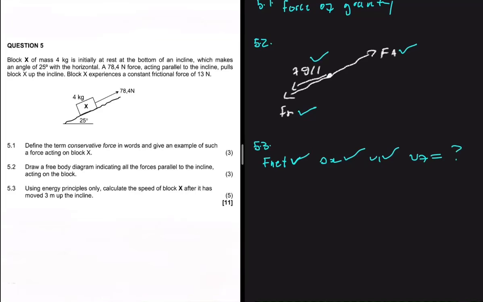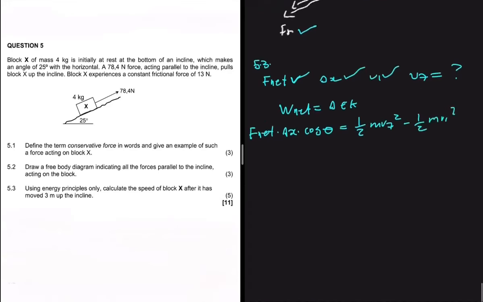From the information we have, which formula can we use under energy principles? We can say that the net work is equal to the change in kinetic energy, right? But to find net work, we can also say F net multiplied by delta x multiplied by cos of theta is equal to a half m Vf squared minus a half m Vi squared.